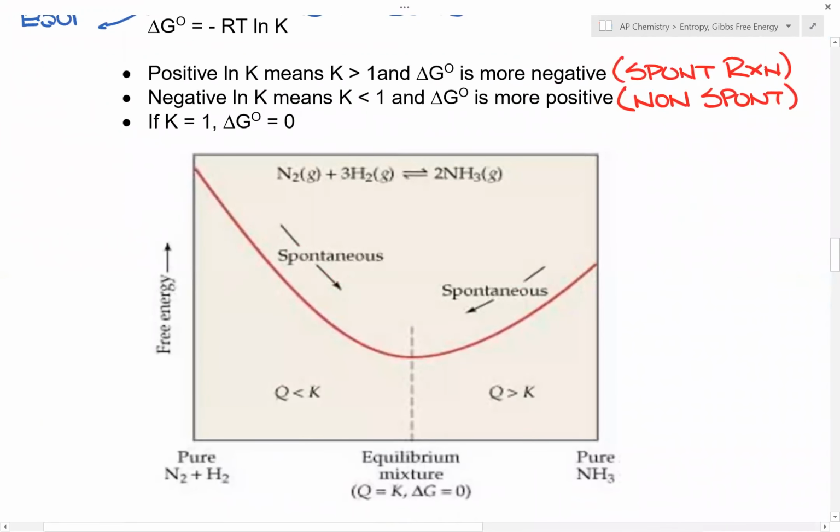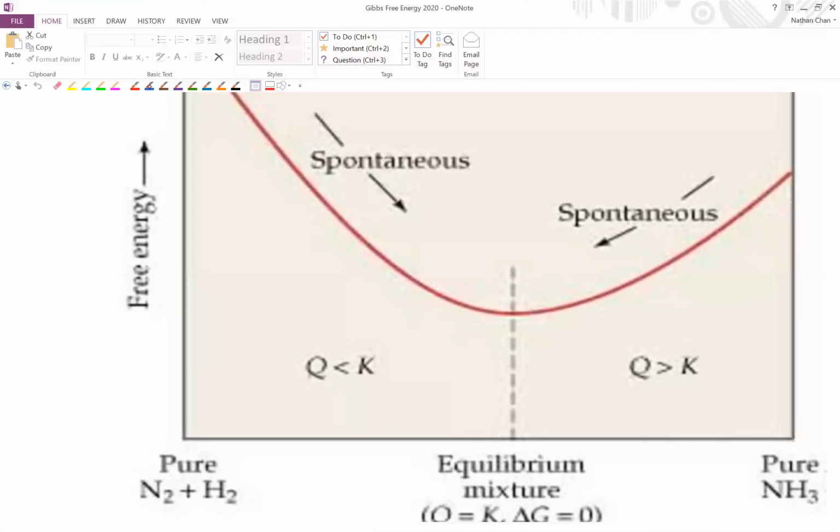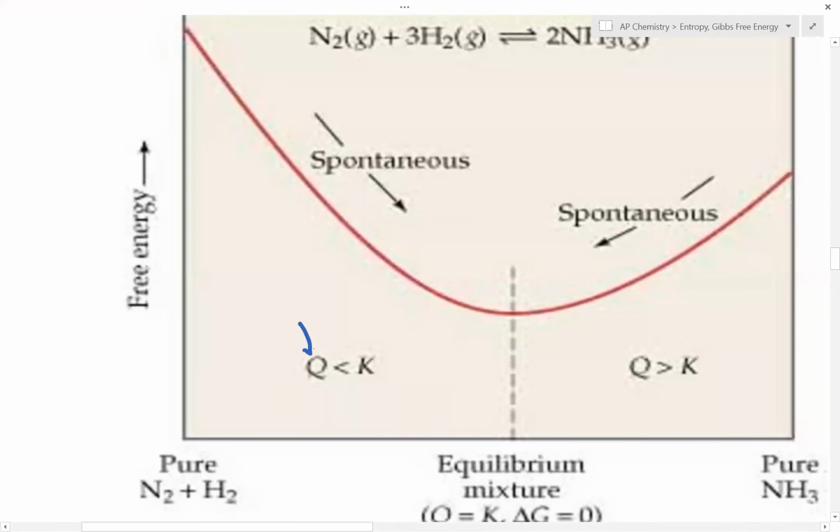Notice, if the trial KQ is less than K, what happens is that it's a spontaneous reaction. Okay? So here again is trial KQ. Okay? If trial KQ is less than KQ, it is spontaneous, or remember, it is the forward reaction.